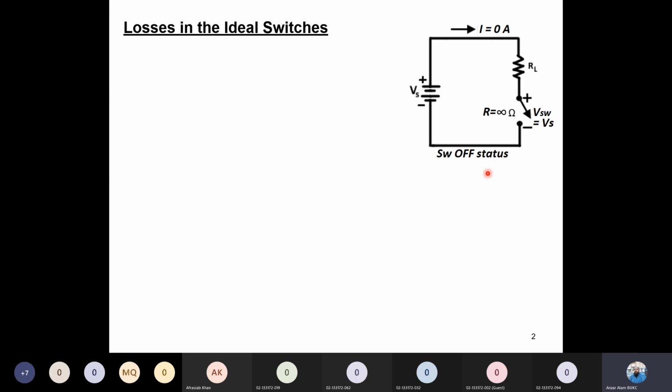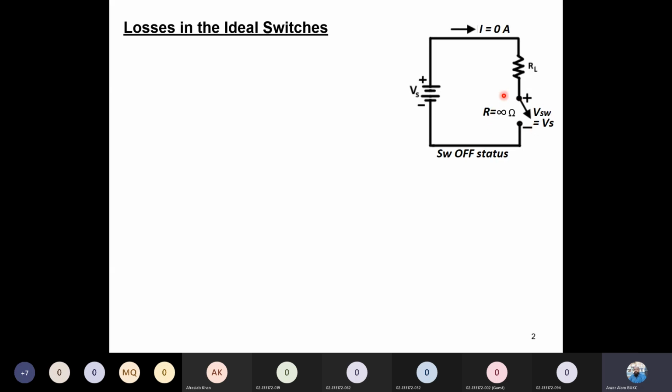But this time we don't have to calculate the losses of the entire circuit. You have to only consider the losses across the switches. Where is the switch? This is the switch. We have to only focus on this switch and calculate its losses.